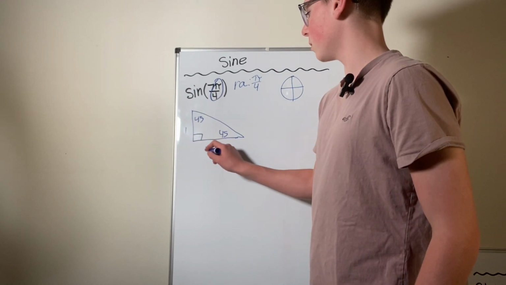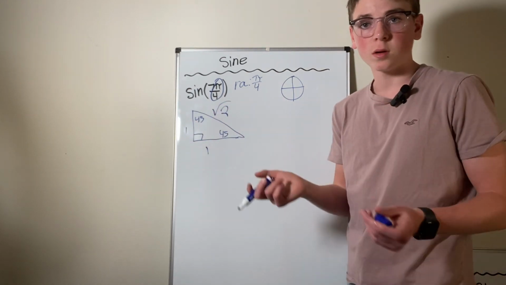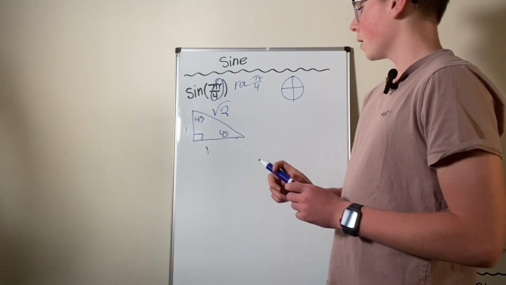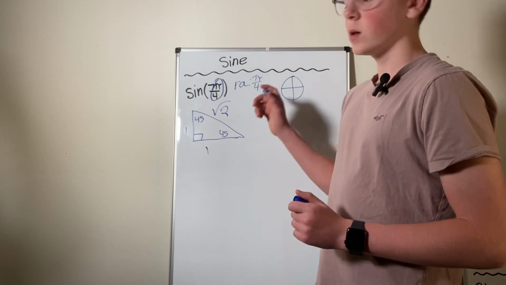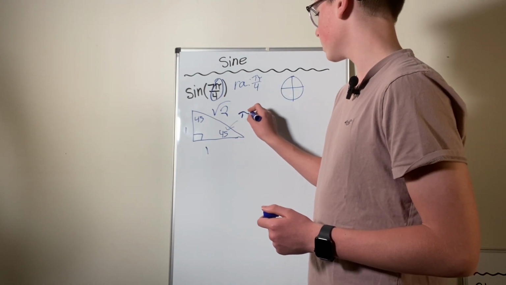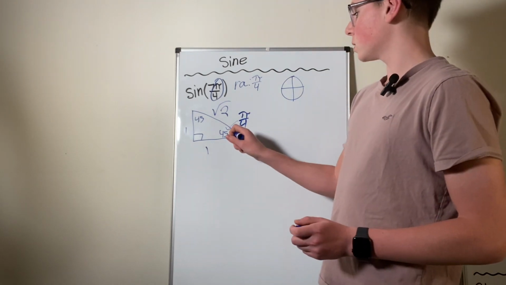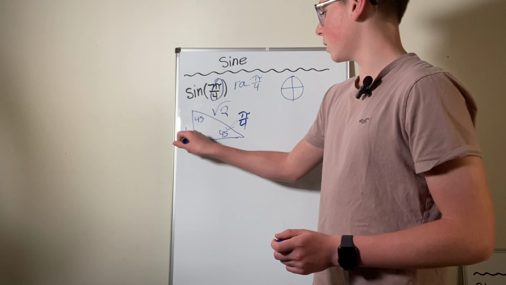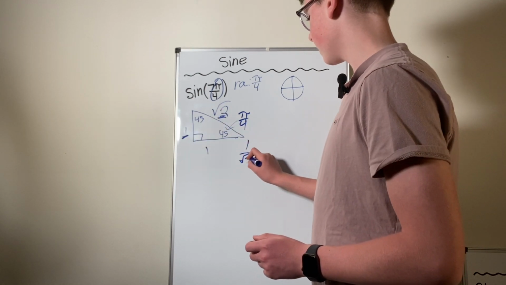This is 1, 1, root 2. Due to unit circle, radius is 1. And if we are looking for the sine of 45, sine of pi over 4, because pi over 4 is really 45 degrees, the sine is 1 over root 2.